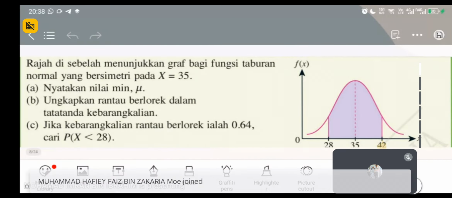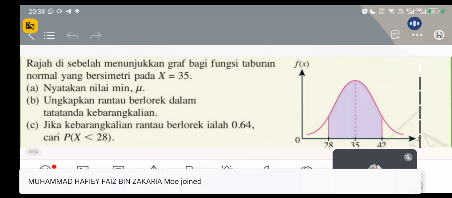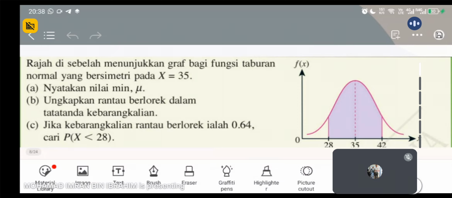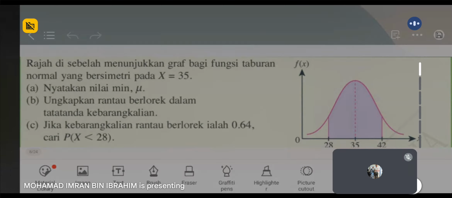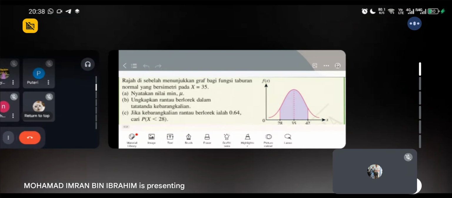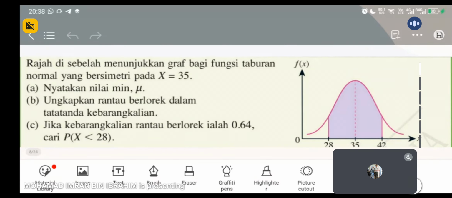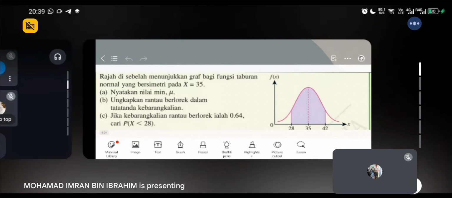Alright. So here we come to the question. This is a simple question actually. You guys can answer this question, I think. I think you guys already answered this question and are waiting for me to explain it.